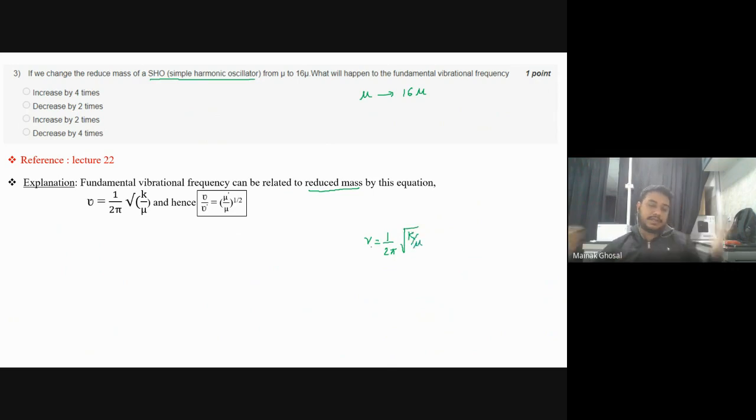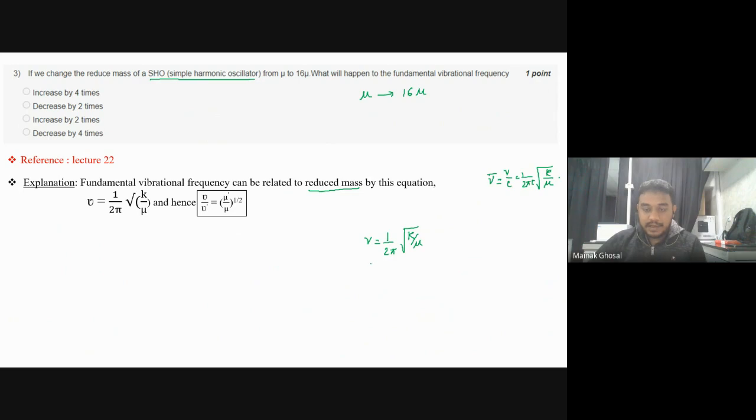It was also discussed that for wave number, nu bar, you just divide nu by c. So it will become 1 by 2 pi c root over k by mu. Only a c term will be added.